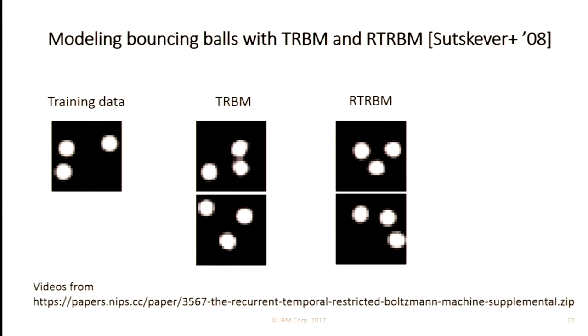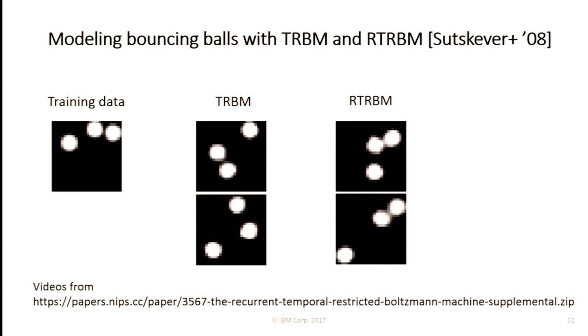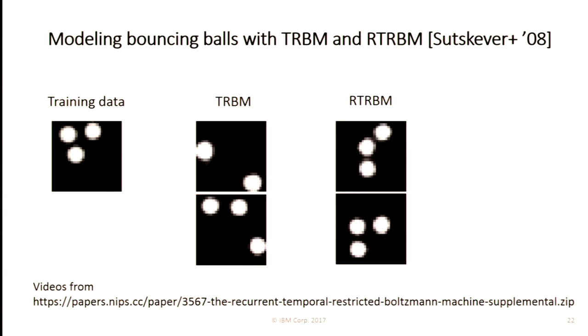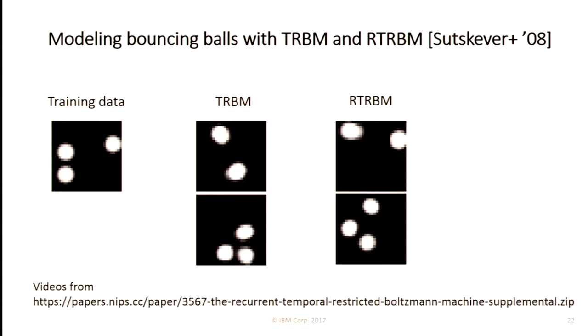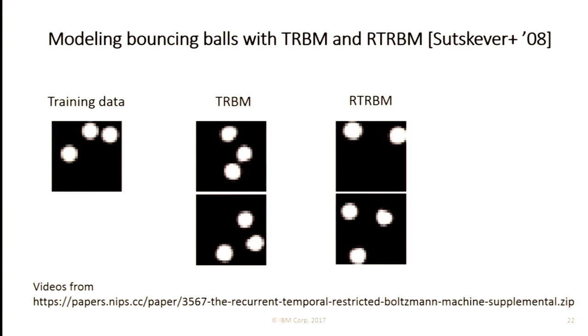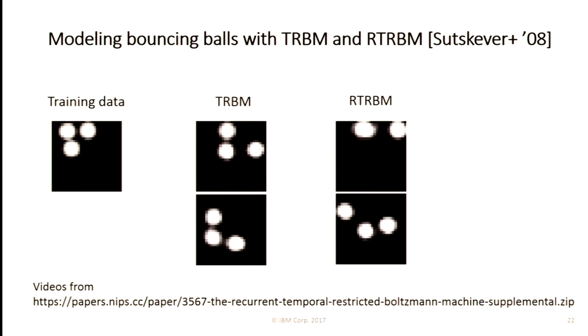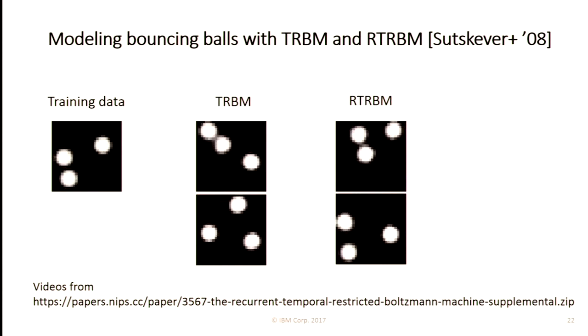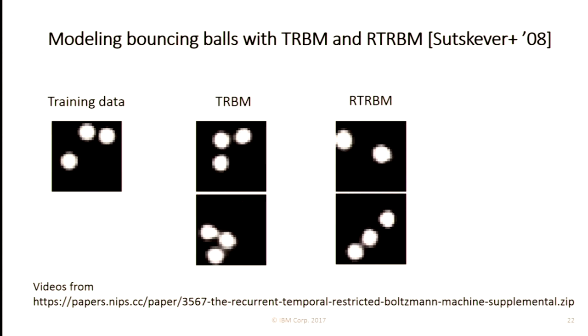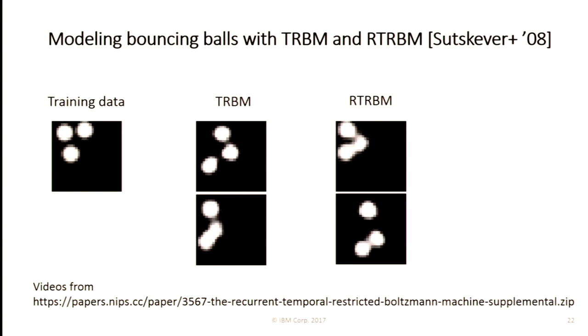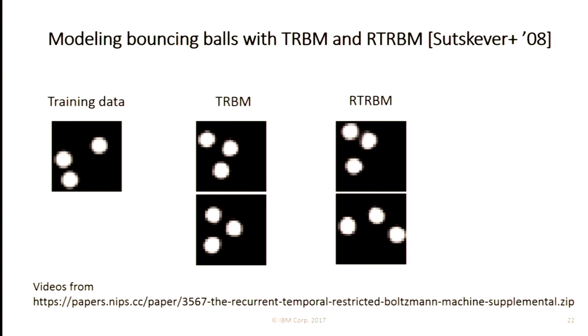So let's see some example results from the use of this recurrent temporal RBM. It's been applied to learning these motion pictures. This is the training data, and this is a generated time series that is generated by the trained temporal RBM or recurrent temporal RBM.